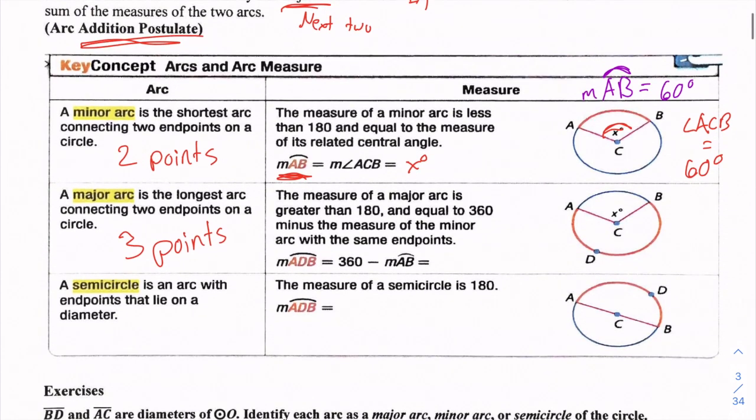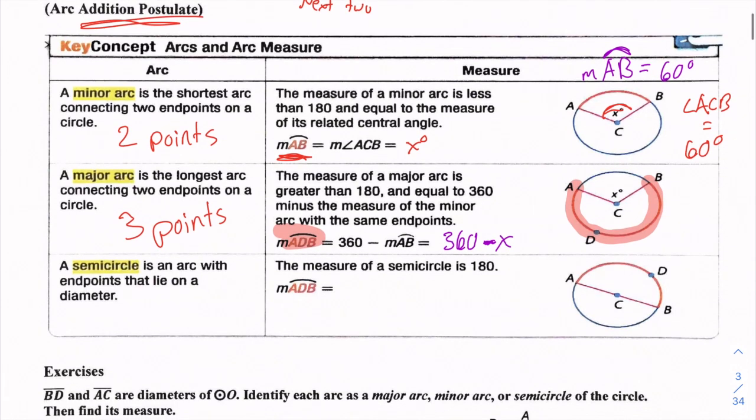And some tricky maneuvers for major arc here. Let's look at ADB, it's already in red right here. How can I find the measure of that arc? Well, if you know this is X degrees here, then all you need to do is 360 minus X to find the arc length for ADB. So you're basically using the property of a circle, which is 360 degrees, to help you find the arc length.